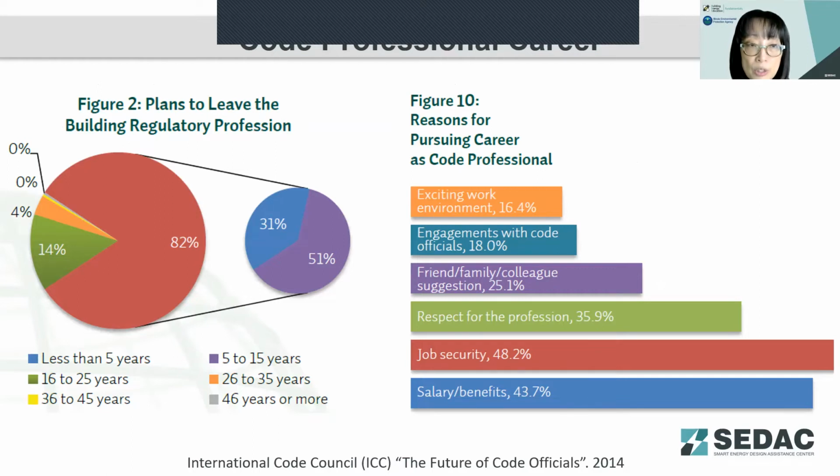The figure on the right shows that job security is the number one reason, but 36% of code officials, the green bar, chose a code profession as a career because of respect for the profession. So we thought that's a really inspiring and interesting result.